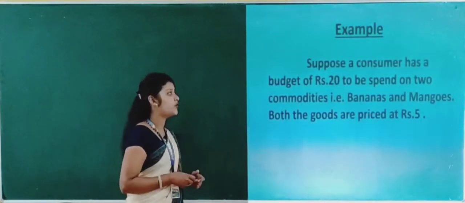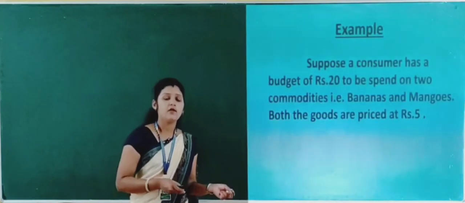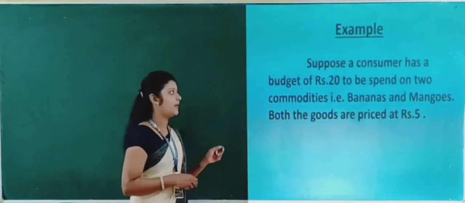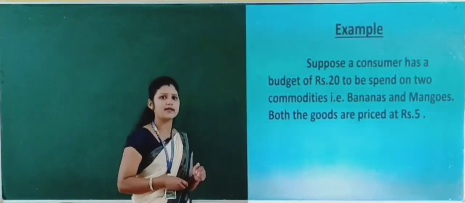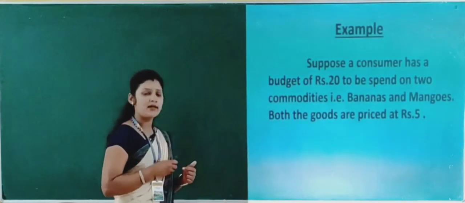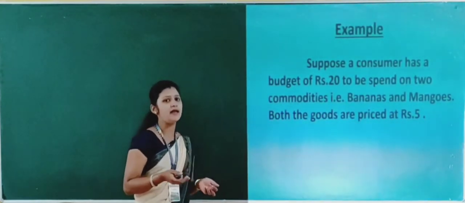Suppose a consumer has a budget of rupees 20. While talking about the budget line also, I gave the same example. The consumer has an income of rupees 20 to be spent on two commodities, bananas and mangoes.